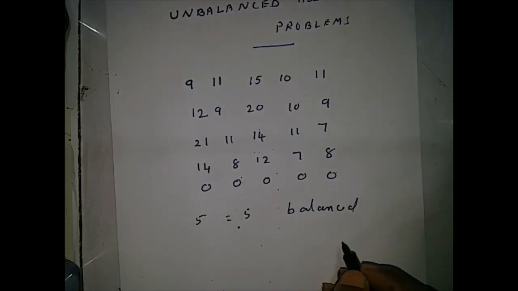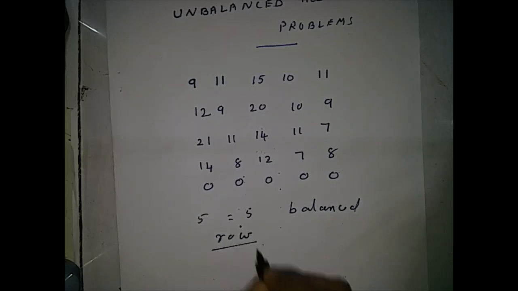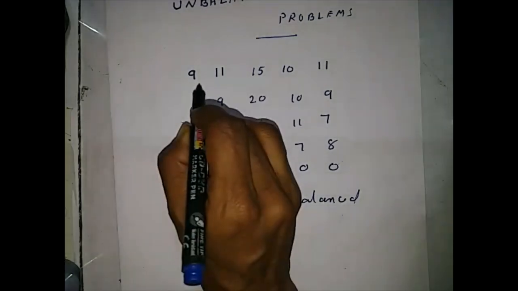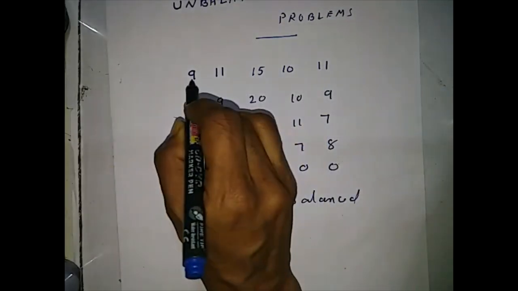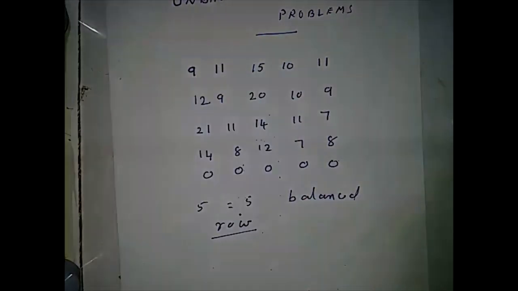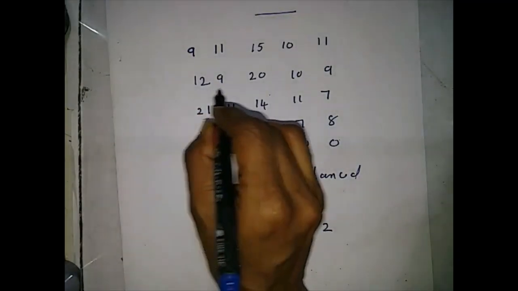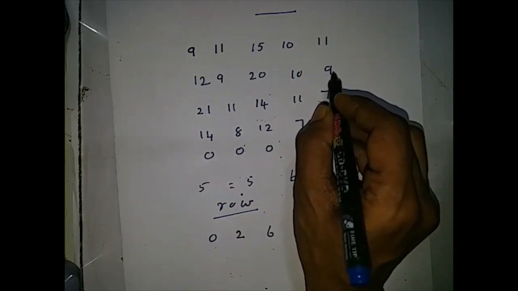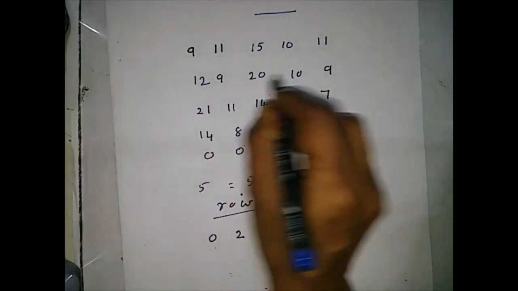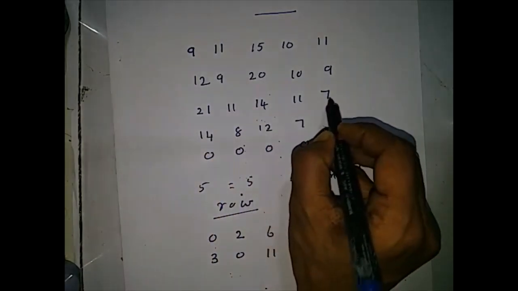First step is row wise minimization. First row minimum is 9. Subtract 9 from each element. Second row minimum is 9. Subtract 9 from each element. Third row minimum is 7.